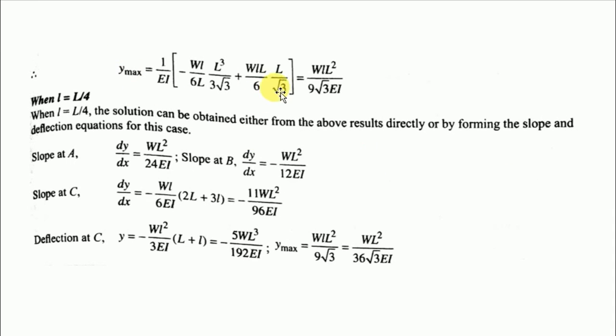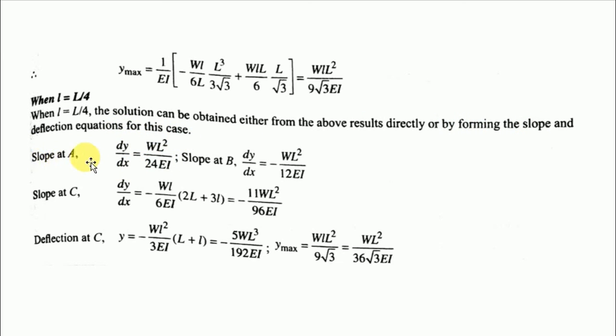Then placing the value, we can calculate it as W small l capital L square upon 9 under root 3 into EI. And we already have one relation in the question, which is small l is equal to capital L by 4. When small l is equal to capital L by 4, the solution can be obtained either from the above result directly or by forming the slope and deflection equations for this case.